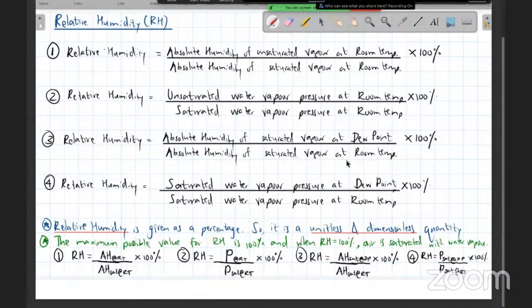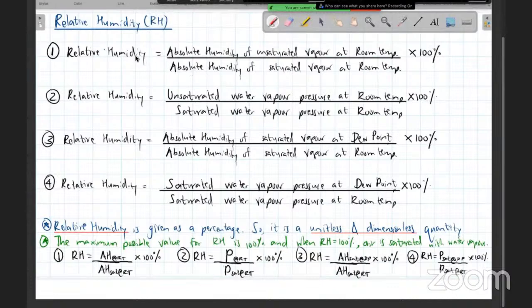The third and fourth equations were in terms of absolute humidity and pressure respectively, and then we summarized those 4 in this form.